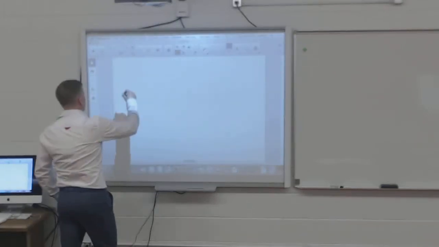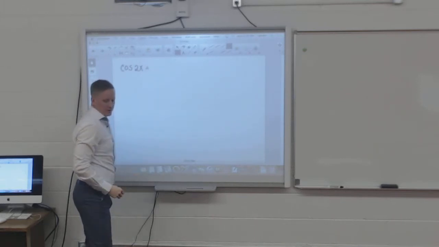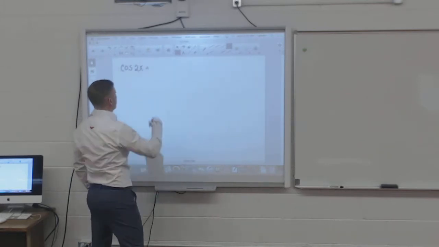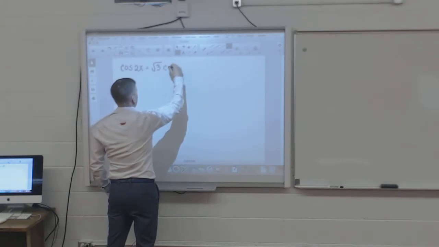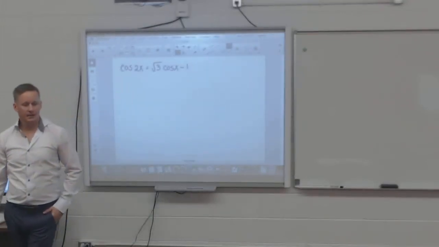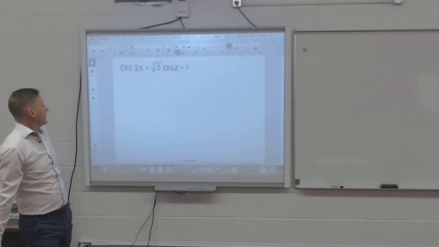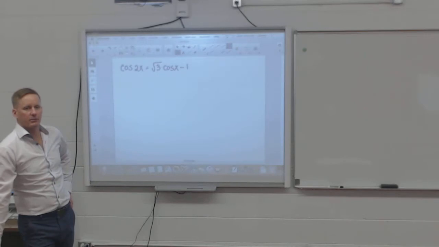Alright, cos 2x equals root 3 cos x minus 1. Okay. So what do I have to change here?